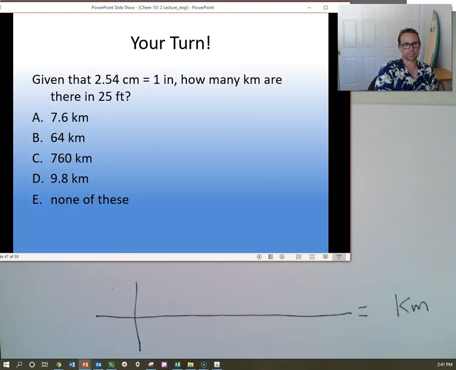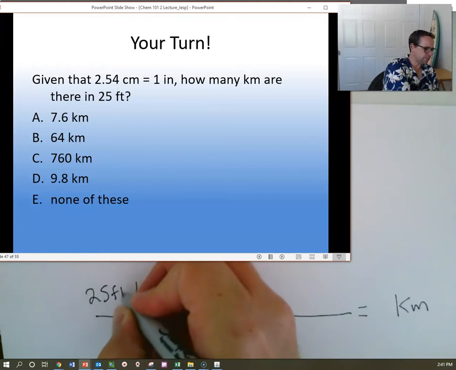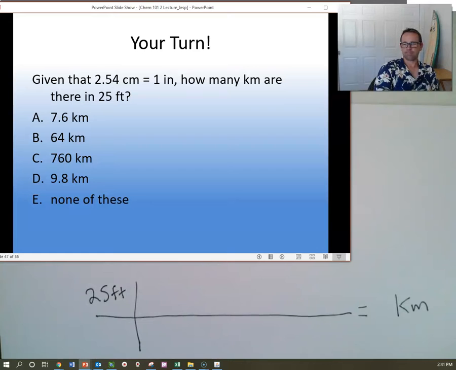How many kilometers are there in 25 feet? So we'll start with 25 feet. Very good. What's next?